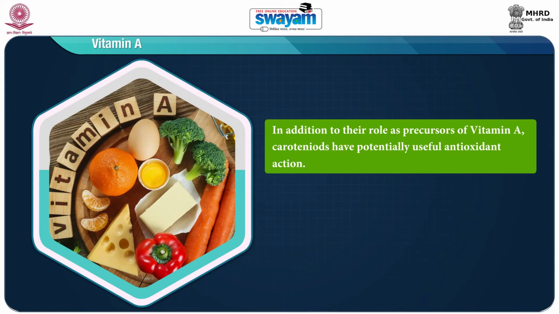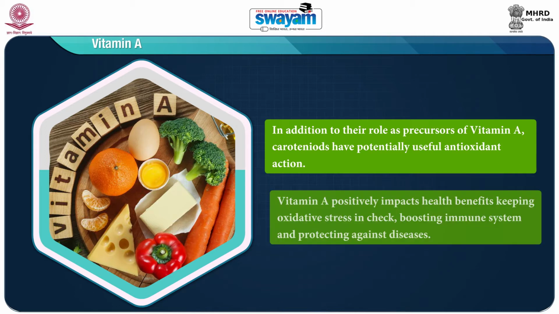In addition to their role as precursors of vitamin A, carotenoids have potentially useful antioxidant action. Vitamin A positively impacts health benefits, keeping oxidative stress in check, boosting immune system and protecting against diseases.